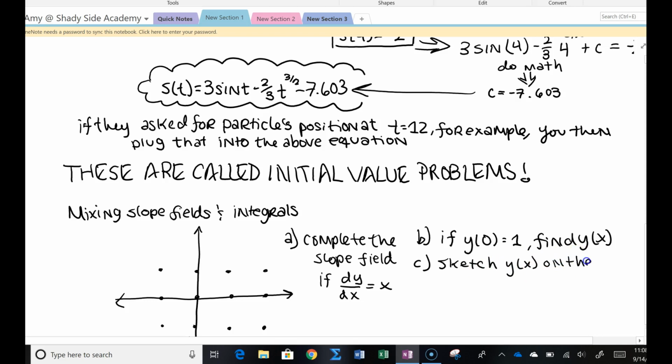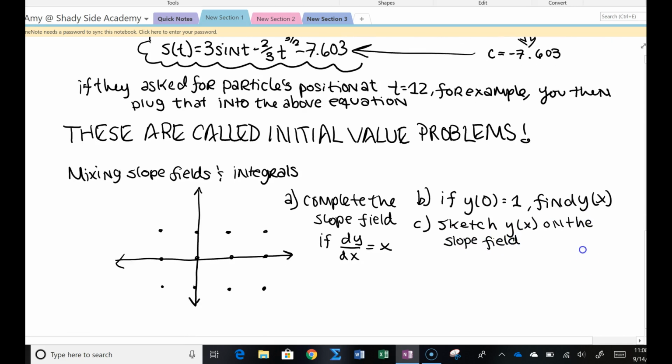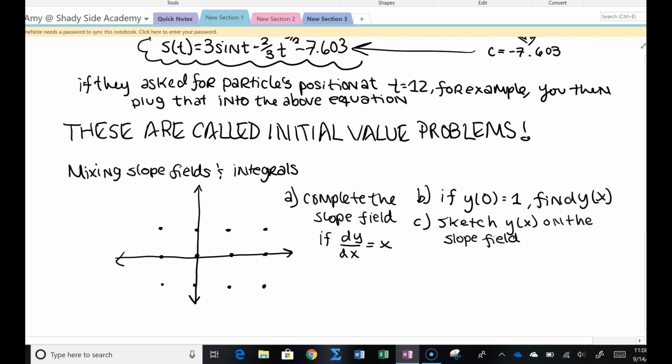Complete the slope field means you're going to craft the slope field. Part B is saying if y of 0 equals -1, you're asked to find y of x. So this is what we just did, parts A and B. But part C is asking you to superimpose and sketch y of x on this slope field to pull all those stray ideas together.